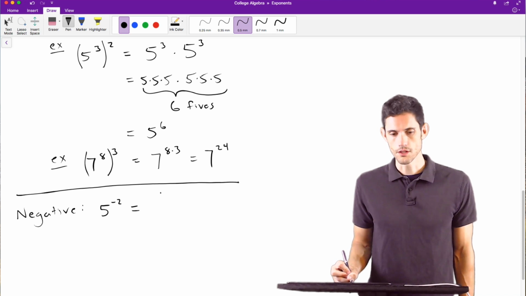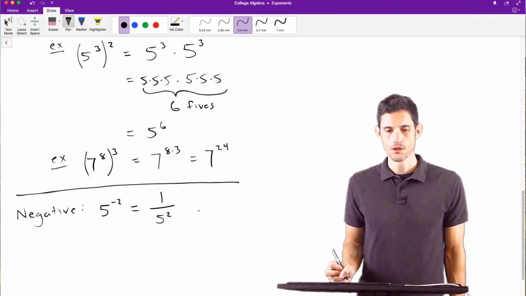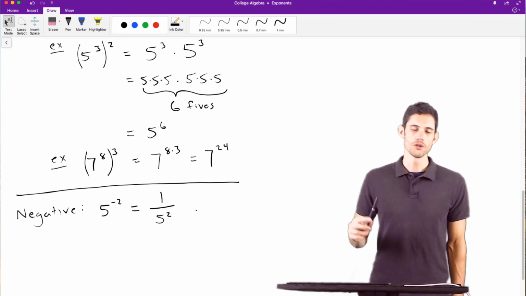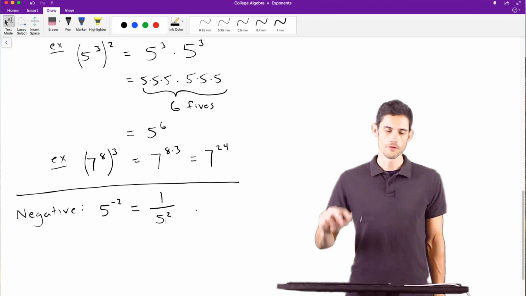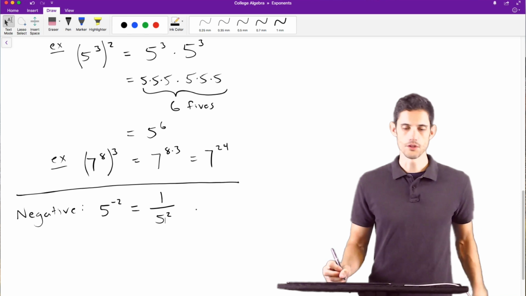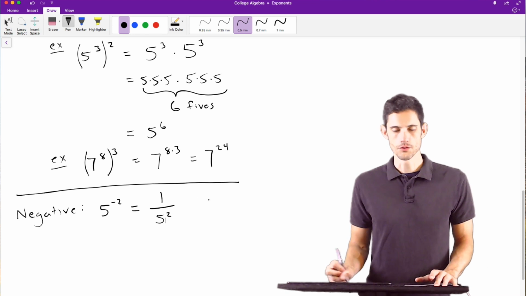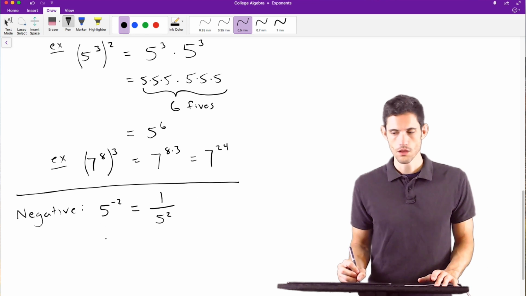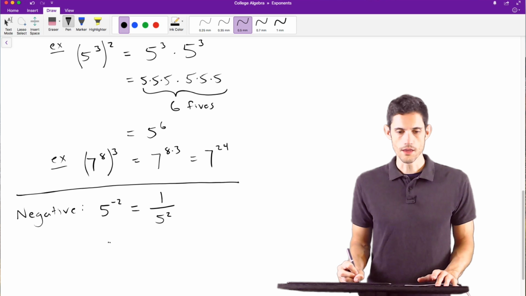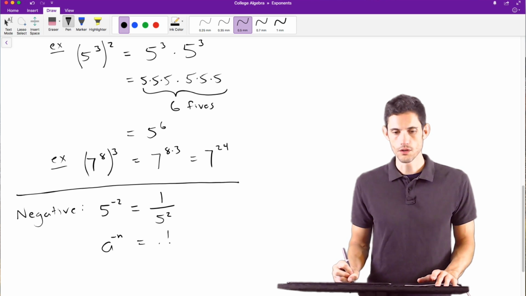So this is equal to 1 over 5 squared. It means you want to take the reciprocal of 5 squared. That's what the negative sign means. And so that's 1 over 25. So in general, a to the power negative n is equal to 1 over a to the power n.